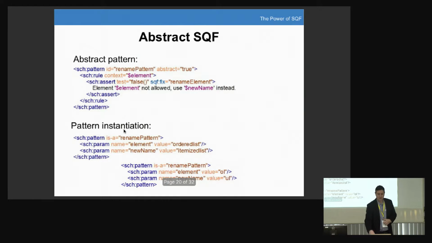And then these abstract quick fixes can be instantiated from an abstract pattern that has these parameters, like here. So you could have a rule that checks if an element exists and proposes to rename it to another element. And then depending on the language, you could use it to, I don't know, rename an ordered list to an itemized list or rename a UL to an OL. So this could work differently.